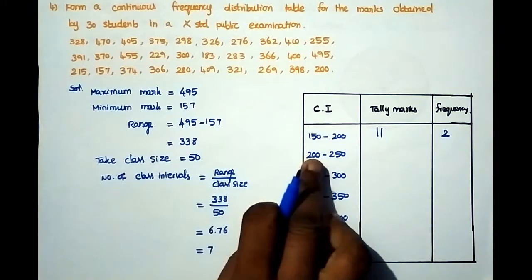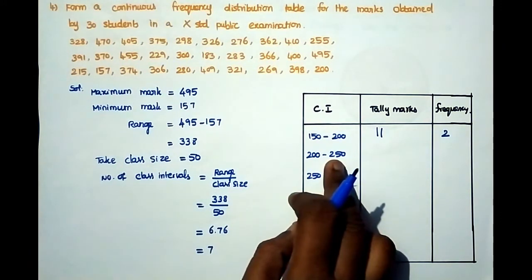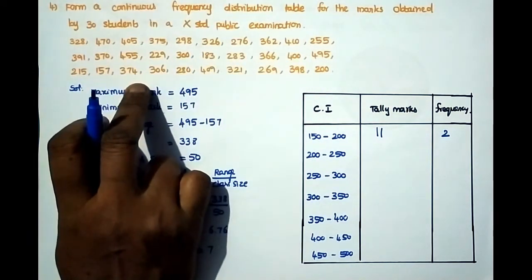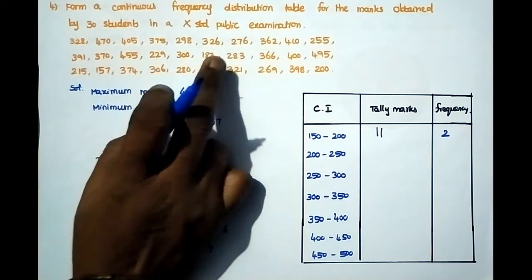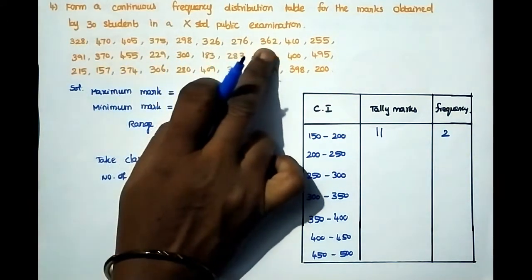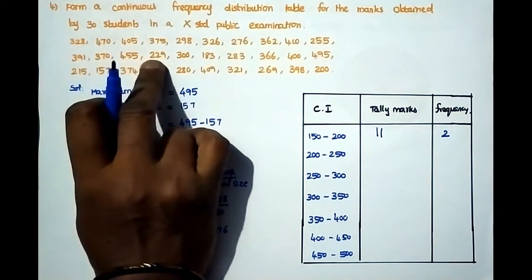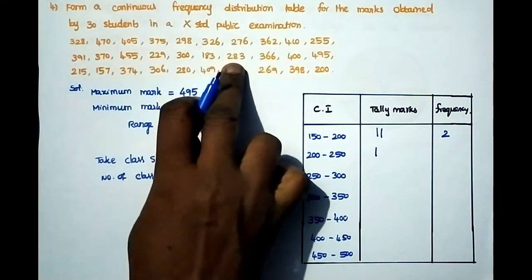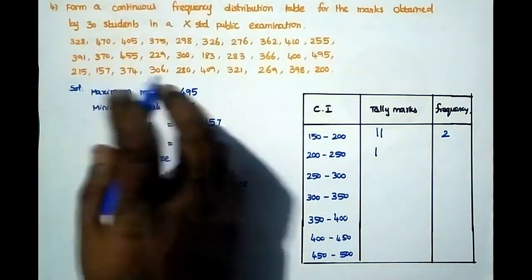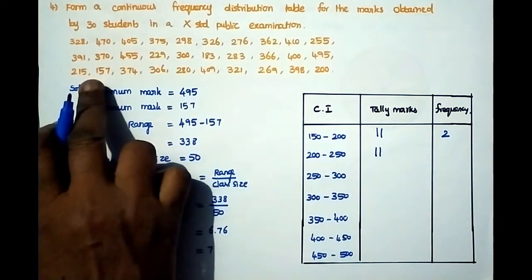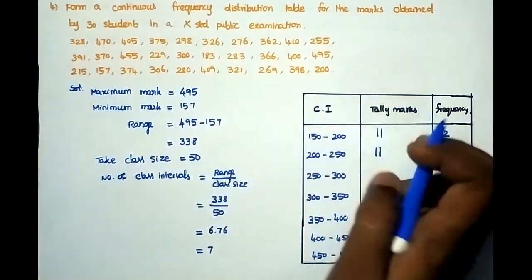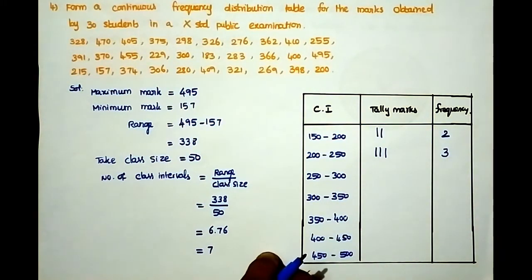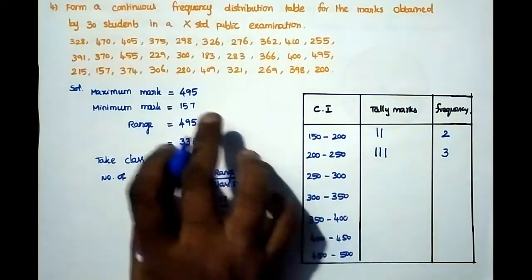Next one, 200 to 249 we have to see here. So from 200 we have to see 229, 215, 200, so the frequency is 3. Like that we have to see the tally marks.